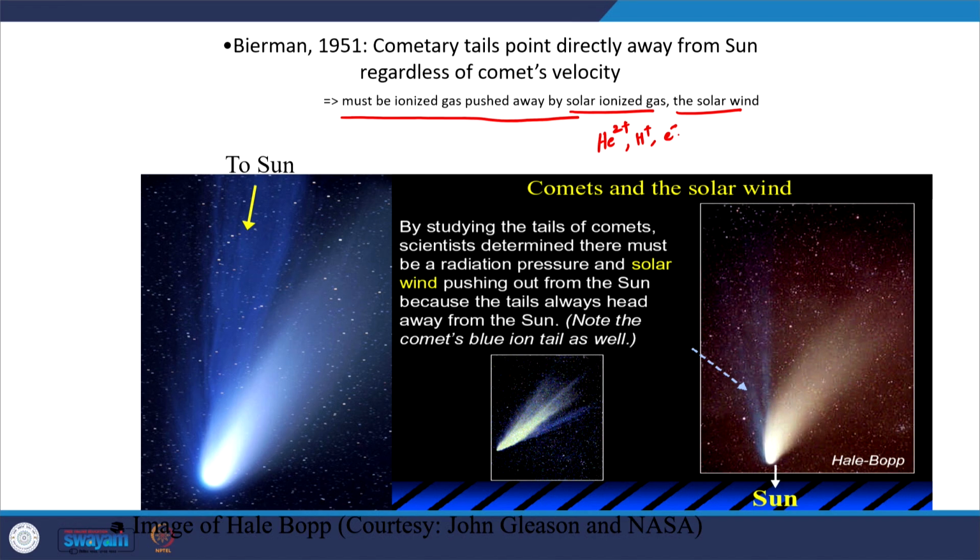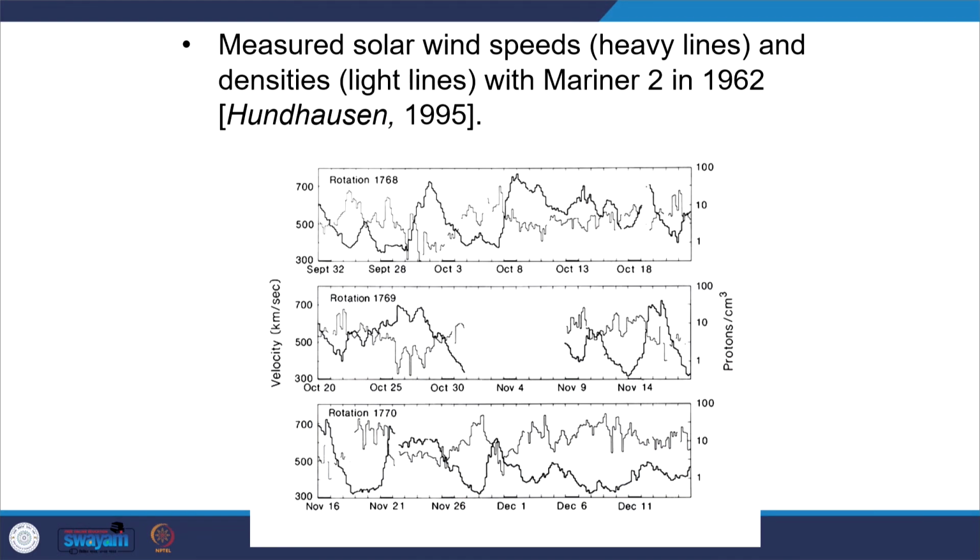Okay, so this is an image of the comet Hale-Bopp, which was taken when it was in closest proximity to the Earth. Right. And these are the measurements of solar wind by Mariner 2 in 1962 on the way to Venus. So what do they suggest?